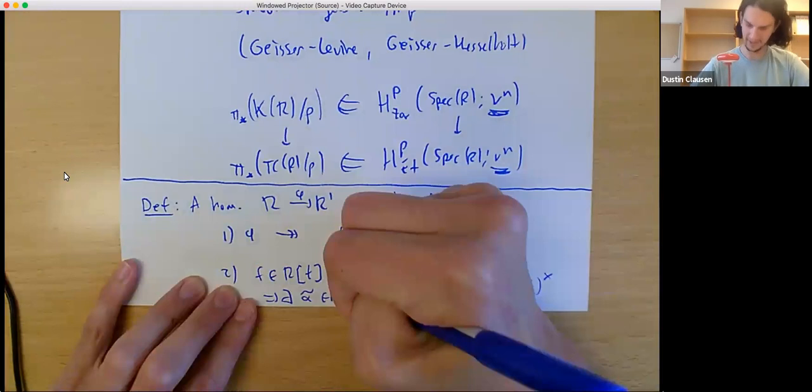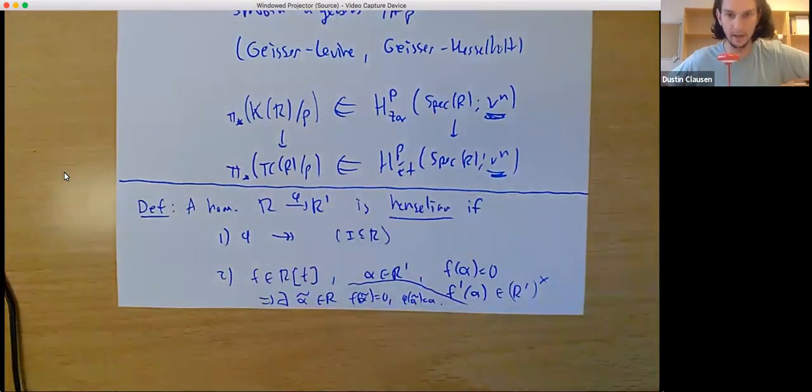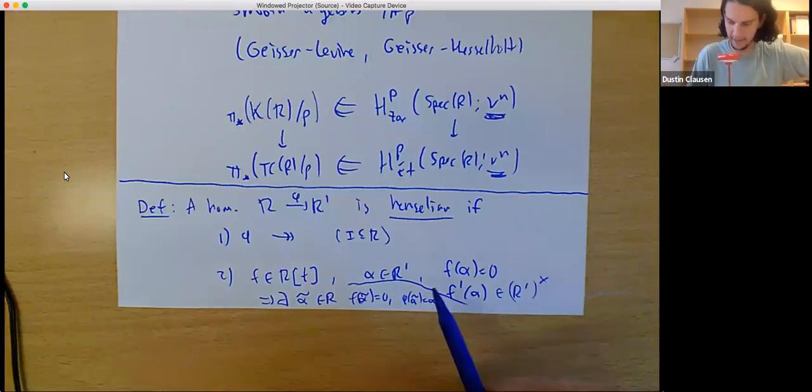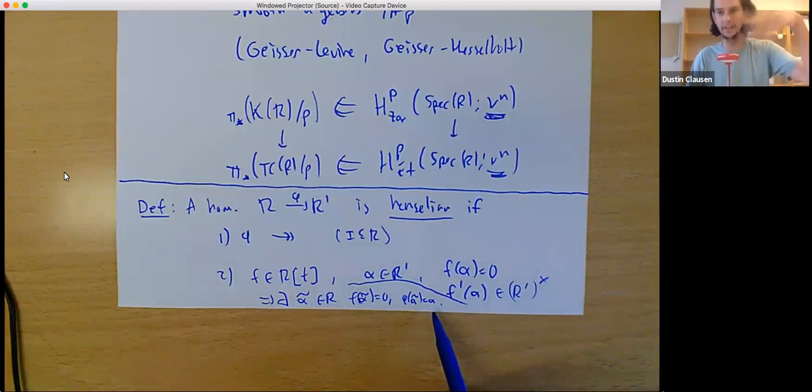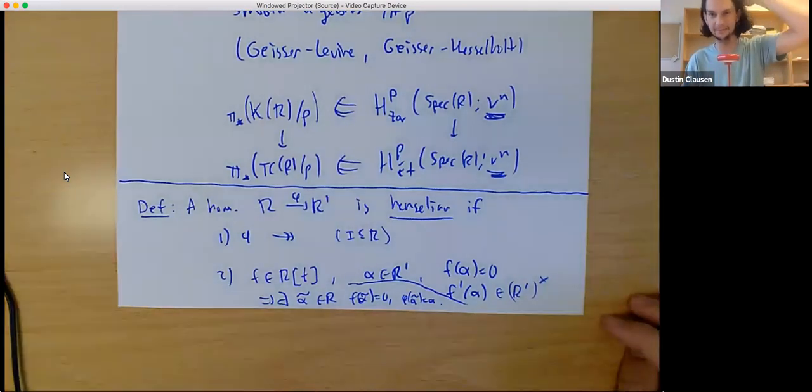So any simple root. You are missing a phi, I think, on the right. Phi of alpha tilde should be equal to alpha. Yeah. So it's any simple root mod I lifts to a root in the ring. That's the condition.